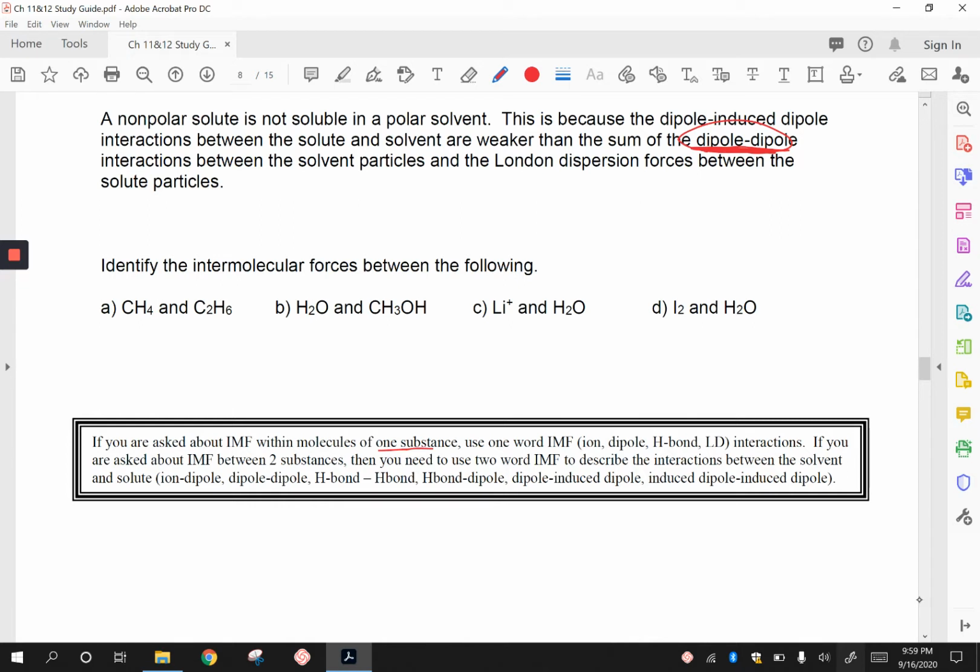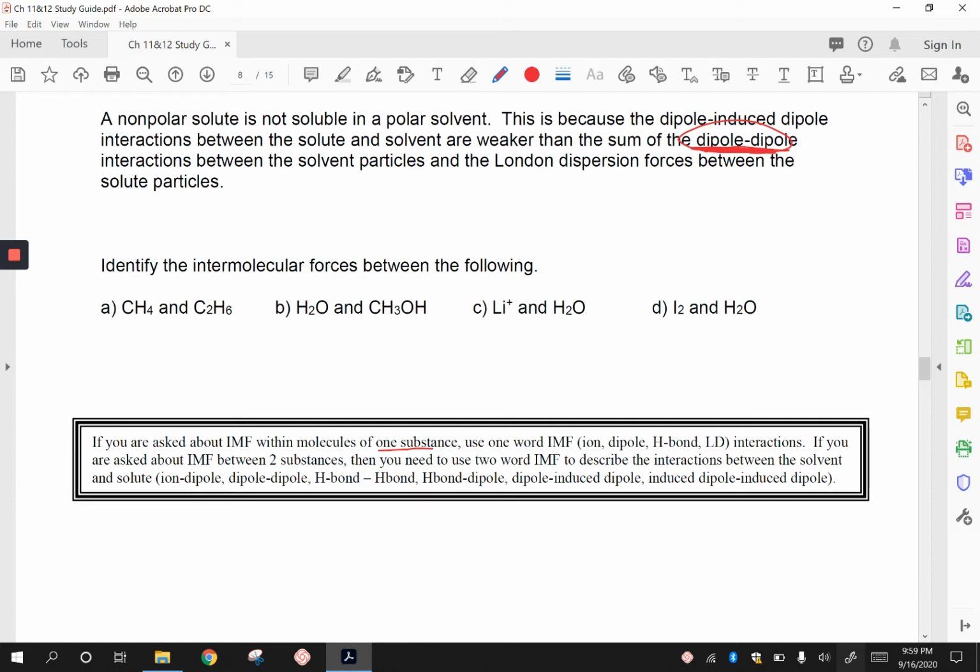But if you are asked about the intermolecular forces between two substances, so you're mixing two things together, like in a solution, then you need to use two words to describe the interactions between the solvent and the solute. Because you have two substances, you use two words. So ion dipole would be like NaCl in water. Dipole dipole would be two polar things like HCl in water.